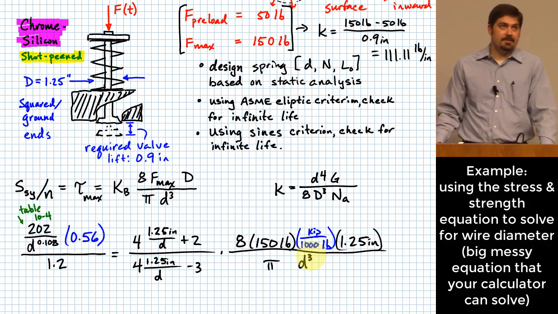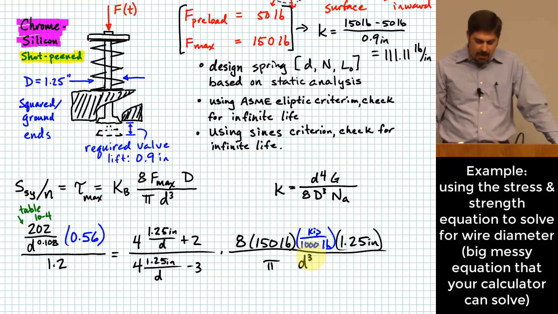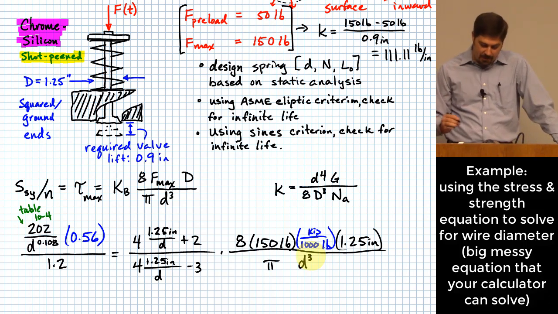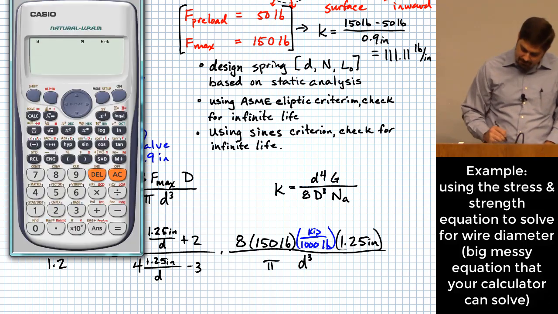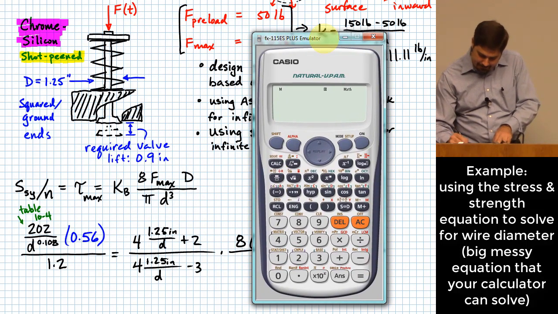All right, what do you notice here? We have an equation in one variable. It's a big mess, but it's an equation in one variable. And so that means that we should be able to solve it. Okay? And so I'm going to go ahead and punch this in.